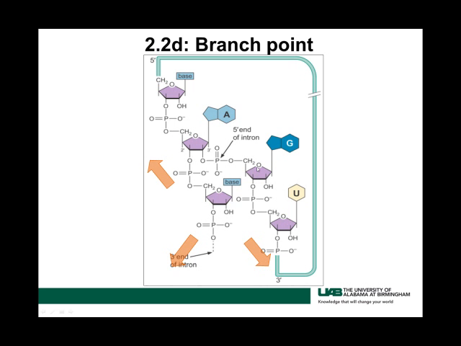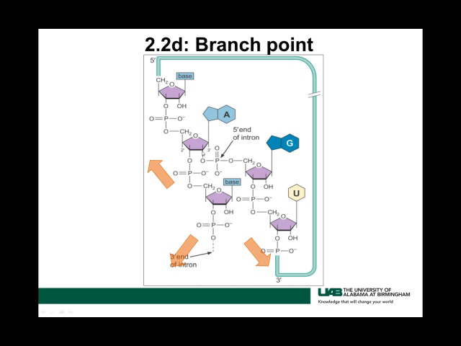So the G right here with its phosphate group interacts with the, should be 2', it should be the 2' OH of the ribose sugar right here. And it interacts with the 2' OH of the ribose sugar right here, forming a phosphodiester bond right here.